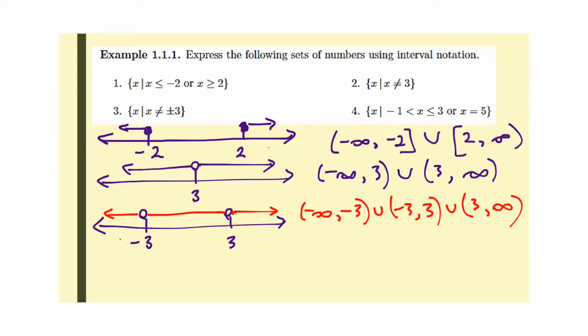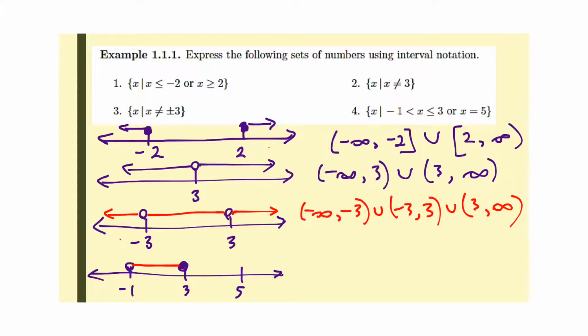All right, one more. I've got number 4, with negative 1, 3, and 5. So x is between negative 1 and 3, not filled in at negative 1, filled in at 3, so 3 is included, negative 1 is not, and it's everything between there.